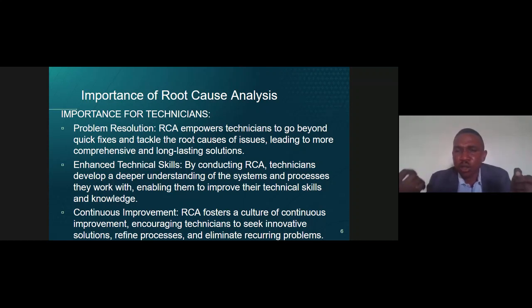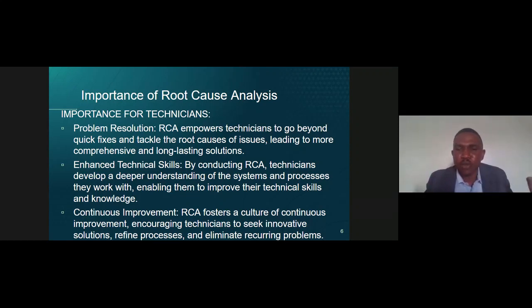The second importance of it is that it enhances your skills. When you conduct root cause analysis, you are developing understanding of your process and your system, and that will help you to improve the reliability of your equipment. And the third point is that it fosters a culture of continuous improvement and continuous learning.